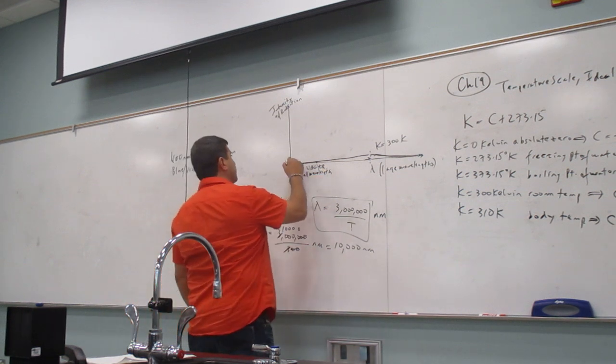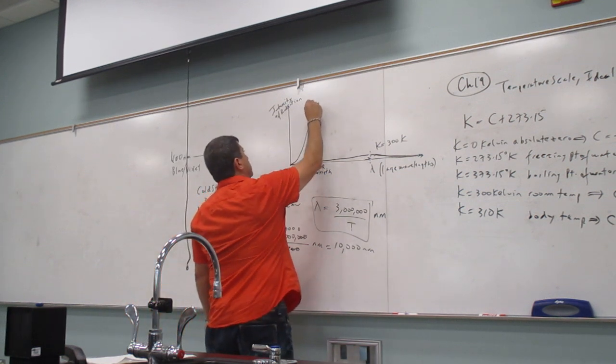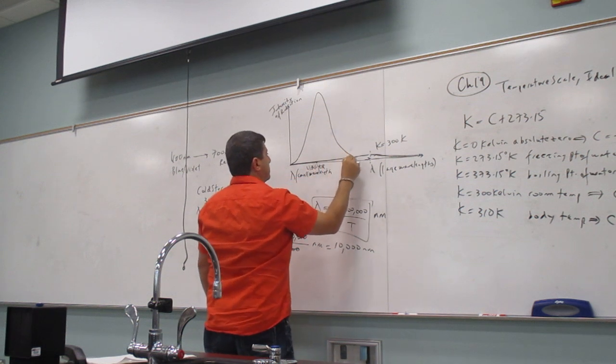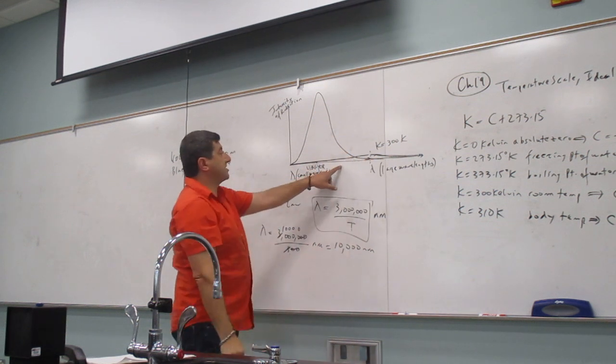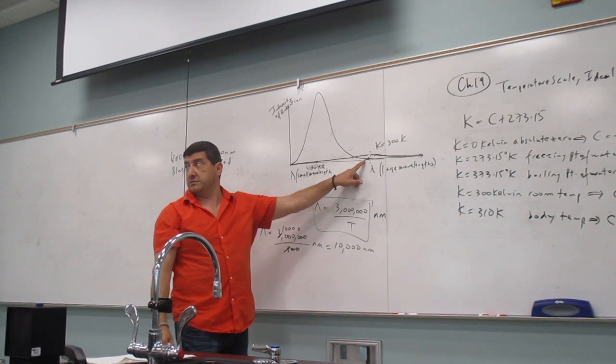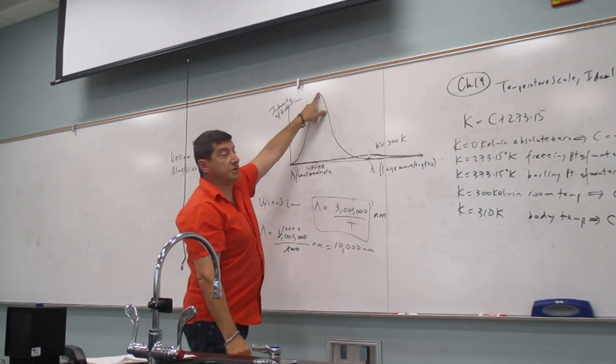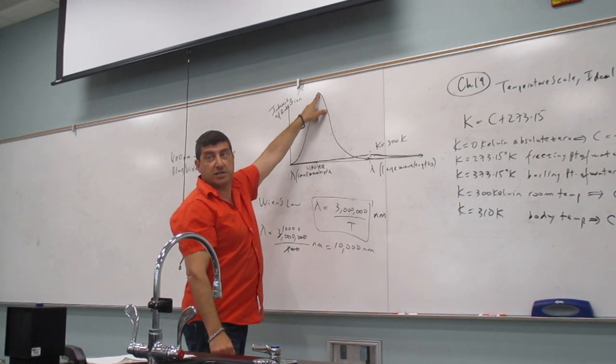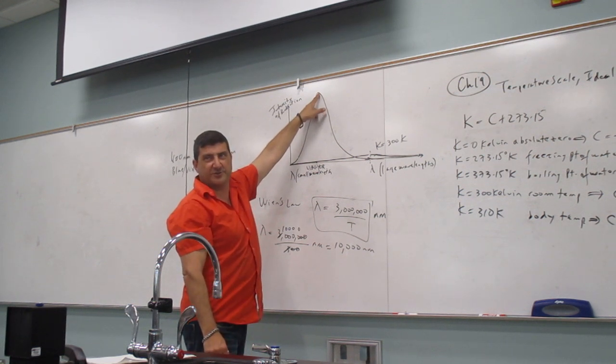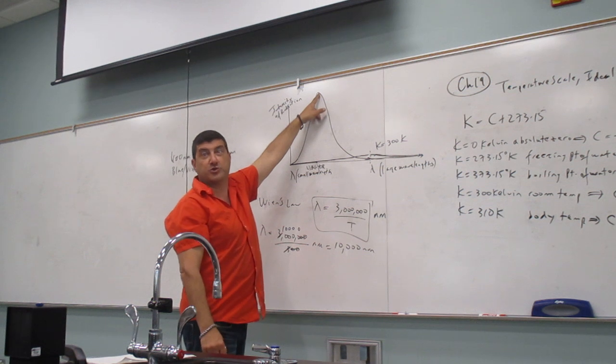So what does its spectrum look like? Will that star also radiate infrared? Yeah. But it's going to radiate a lot more in the red. So what color will it appear to us? A red-looking star, a red supergiant, maybe.